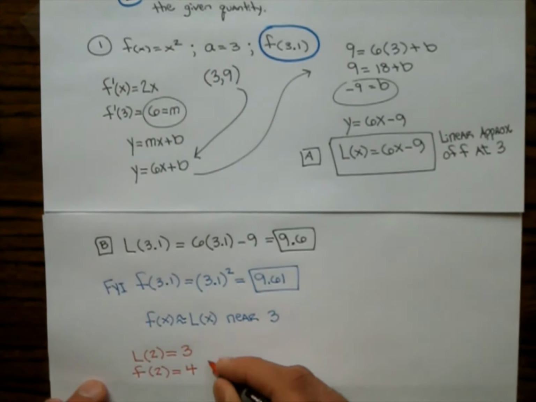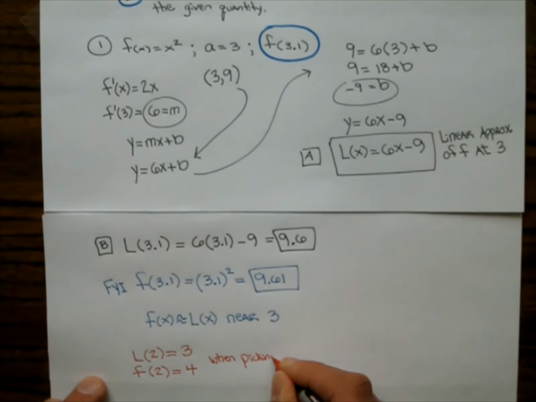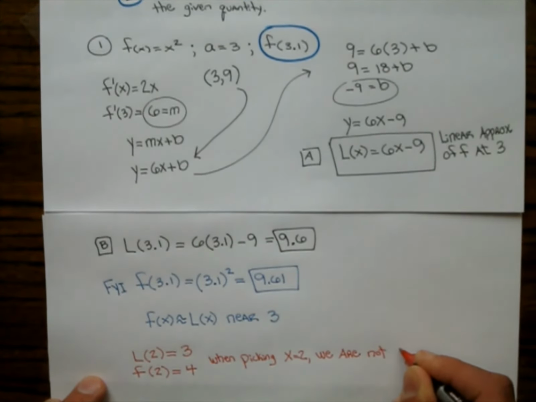And so when picking x equals 2, we are not, and I'll put this in quotes, near 3 on the x-axis.